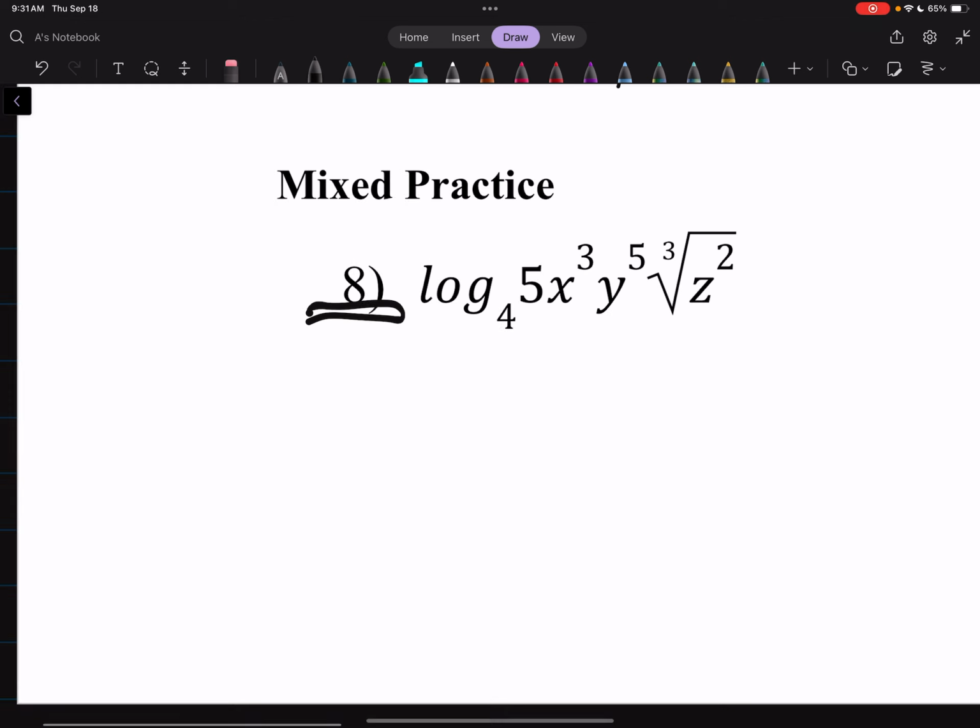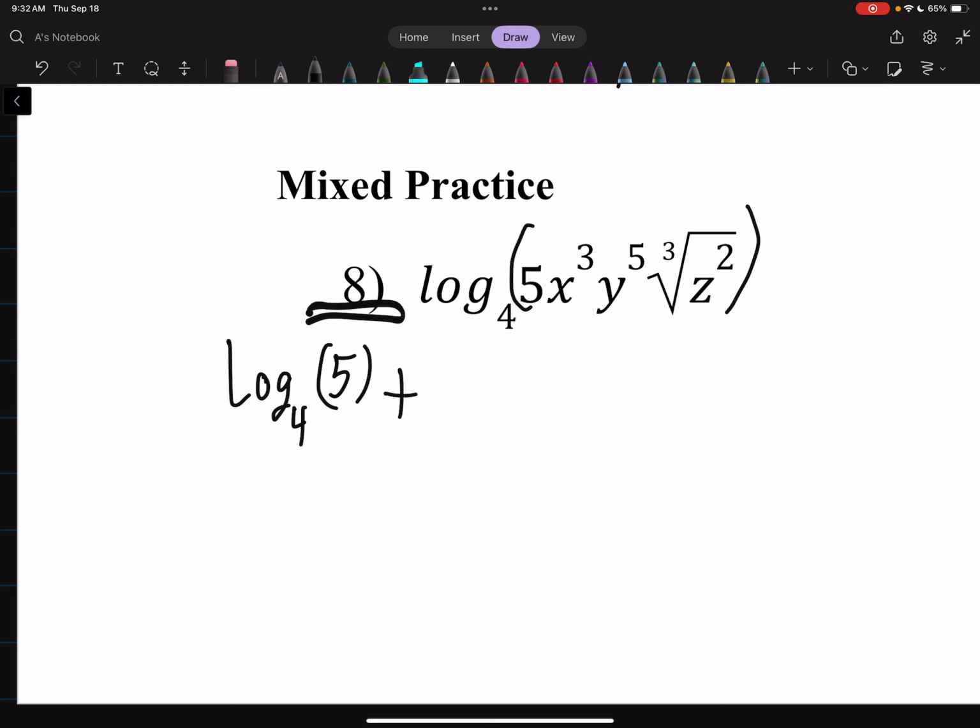Number 8. I have log base 4 of that entire string of symbols and numbers. So I have log base 4 of 5 plus, now I'm going to go in and rewrite, well, I'll do it on 2 separate lines.